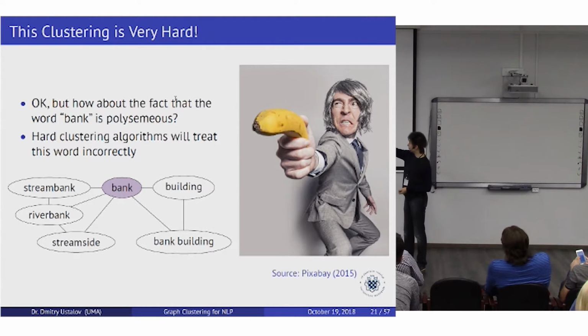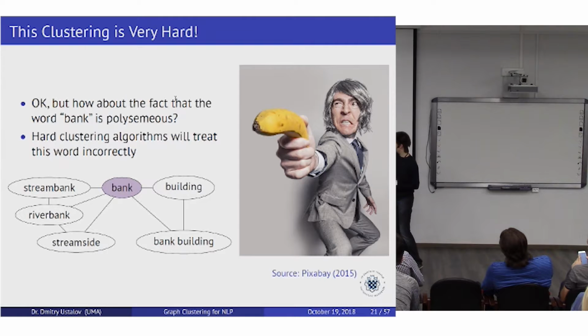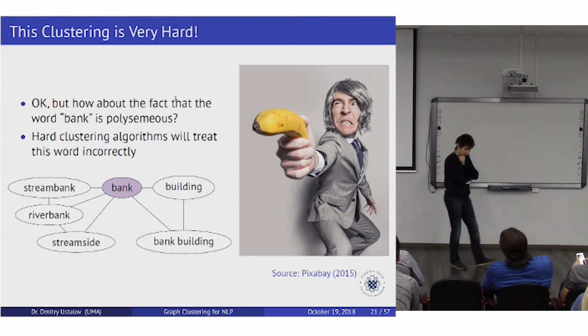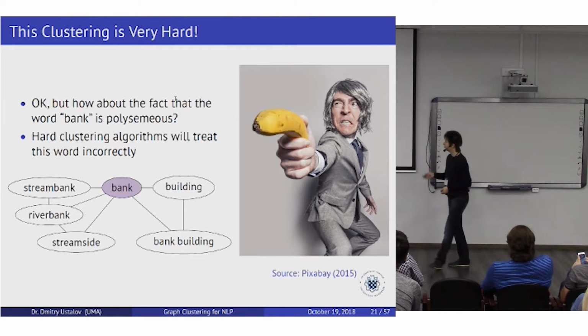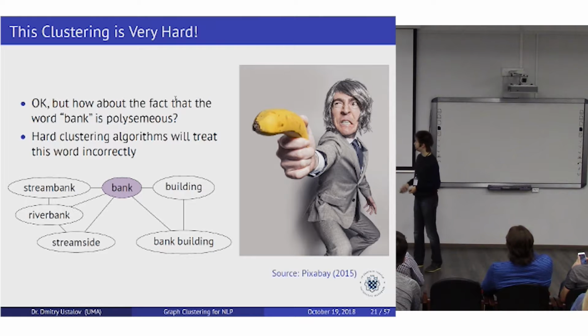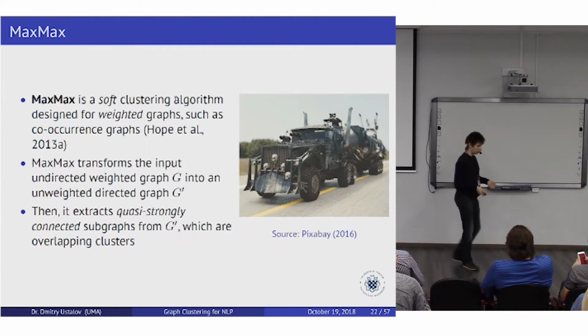If you run some clustering algorithm, like MCL or Chinese Whispers, you will be sure that this item will probably be either in this cluster or in this. Sometimes MCL can also isolate it, which is also not that expected. You need these soft clusters. And to do that, we need soft clustering algorithms, because hard clustering algorithms will handle these types of graphs incorrectly.